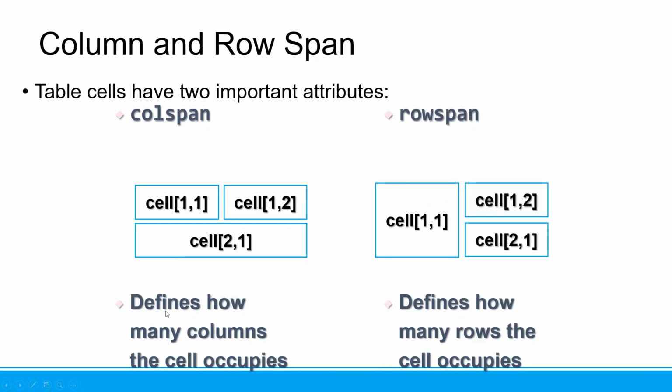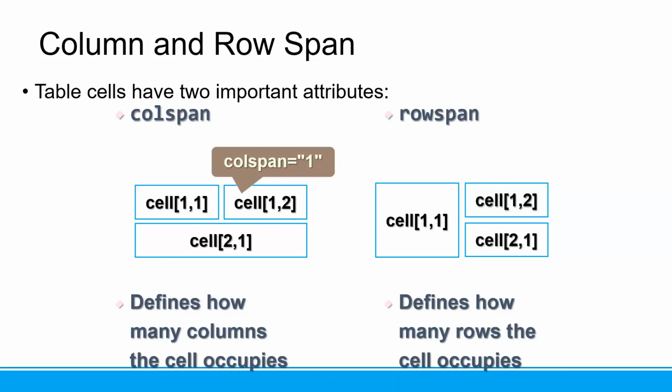So the column span defines how many columns the cell occupies. And the row span defines how many rows the cell occupies. These two attributes are important, especially when you have much data and you want to merge some of the cells.